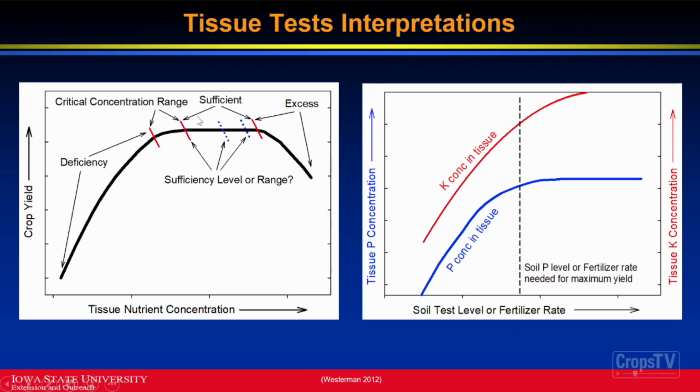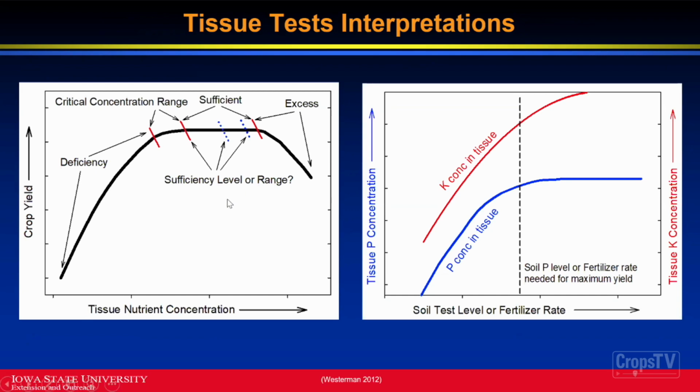So that is sufficient, because below that there is a likely deficiency, and above that it is either more than enough and doesn't create a problem, or if there is much more than that, it may create a problem. Especially with tissue testing, there is much confusion about this. The critical concentration range or the optimum range is not the same as the sufficiency level.